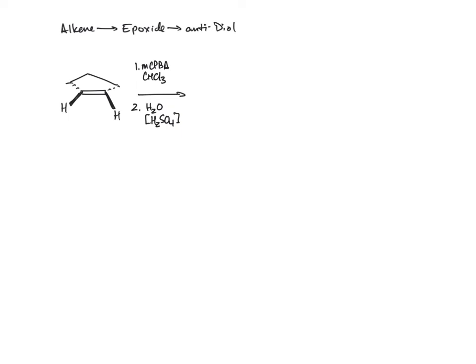So if we take an alkene and we epoxidize it, that's the epoxide, and we can put the substituents in. And then we have just a little bit of artistic flair here.